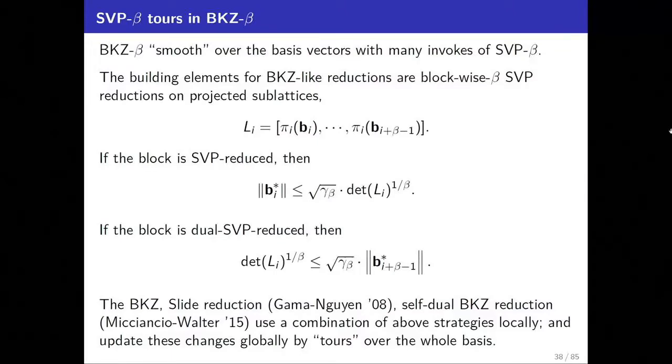Okay, and a little bit more insight on the BKZ beta algorithm. Given a big basis, the BKZ beta algorithm smooths over the basis vectors with many runs of SVP beta, done continuously for each block of size beta.